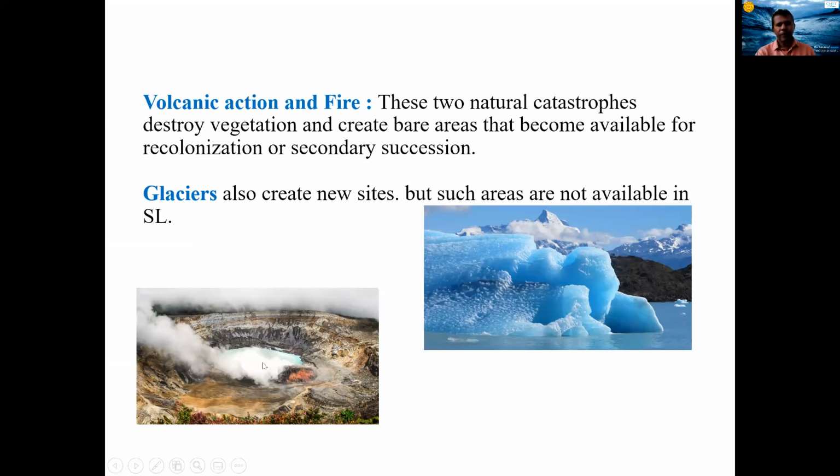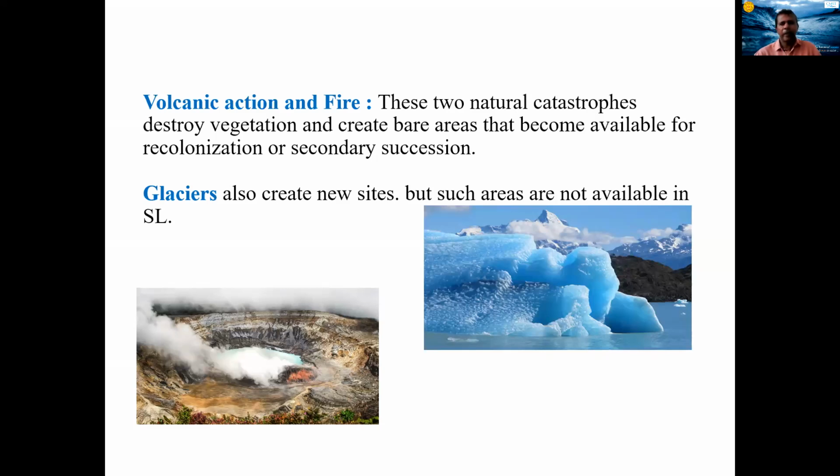Though we don't have volcanic action here, volcanic eruptions in a lot of countries either destroy a whole large area, where they have to have secondary succession, or sometimes, like what happened with Hawaii island.